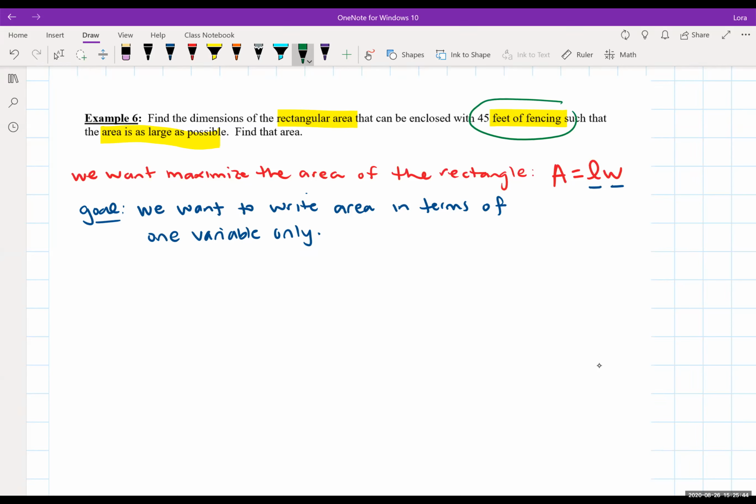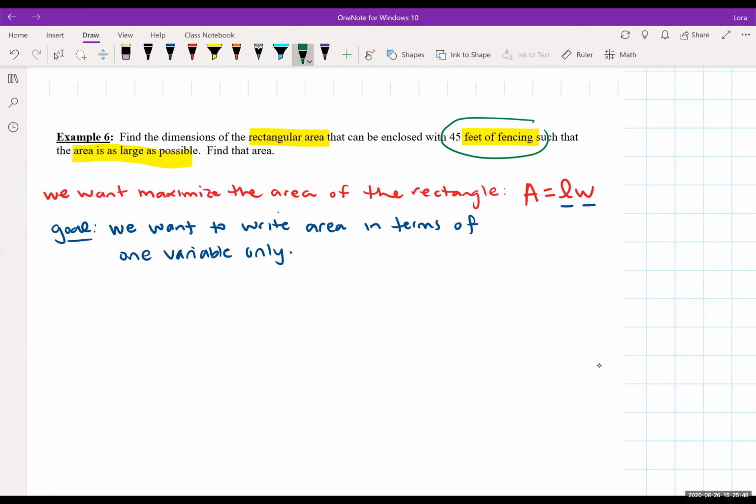Now that is not the area. When they talk about fencing, 45 feet of fencing, it means we are talking about what we are doing when we are going around the rectangle. So fencing is the measurement of the outside or the measurements of the sides of the rectangle. And there's a fancier word for that in mathematics when we talk about the sum of all the sides.